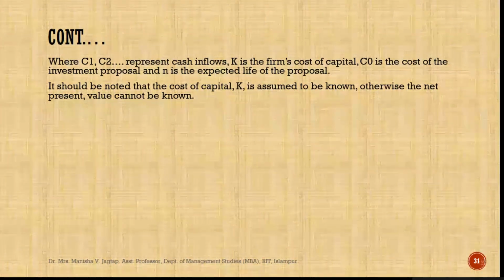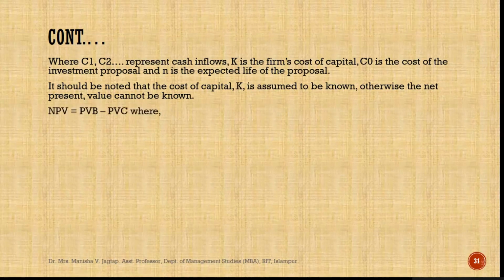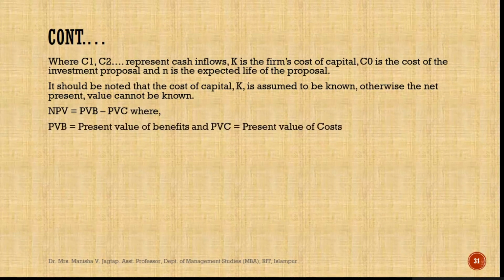Otherwise, the net present value cannot be known. We cannot calculate net present value of a particular proposal if we don't have an idea about cost of capital. So in other way, we can write NPV is equal to PVB minus PVC, where PVB is present value of benefit and PVC is present value of cost.